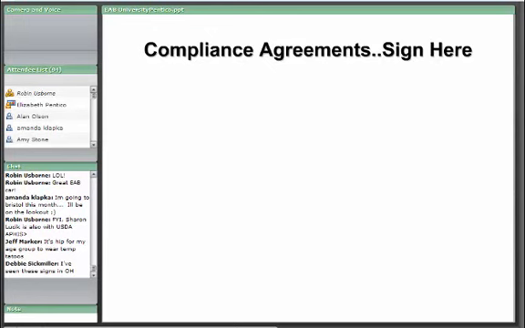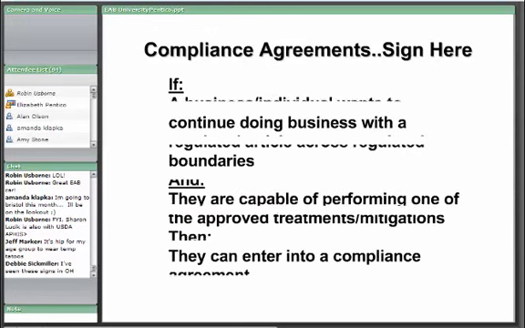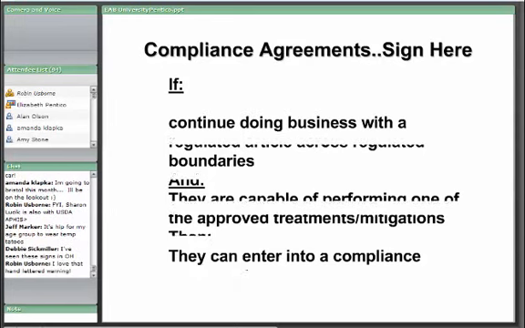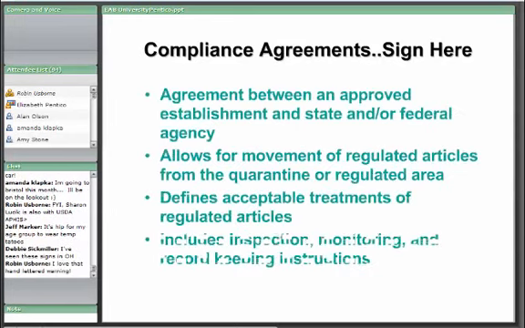So a little bit about a compliance agreement. A compliance agreement is for if a business or an individual wants to continue doing business with a regulated article across a regulated boundary, and they can do a treatment or a mitigation, then they can enter into agreement with us. And that agreement is between the establishment and the government. It allows for the move of the article.